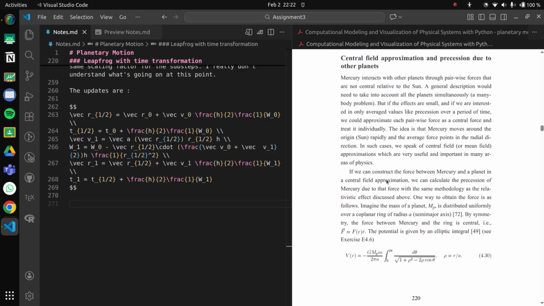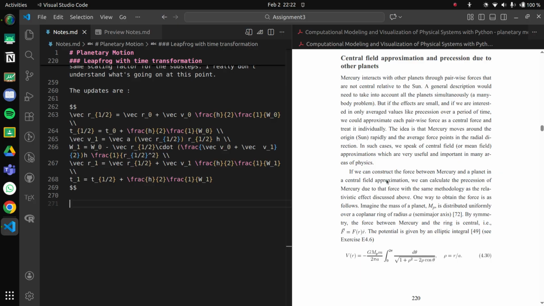So Mercury interacts with other planets through pairwise forces that are not central related to the Sun. A general description would need to take into account all the planets simultaneously, a many body problem. But if the effects are small and if we are interested in only the average values, like precession over a period of time, we can approximate each pairwise force as a central force and treat it individually.